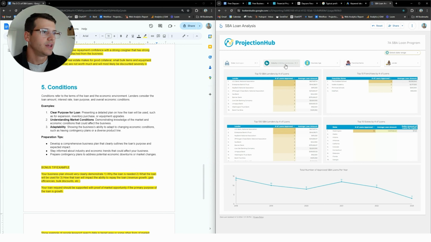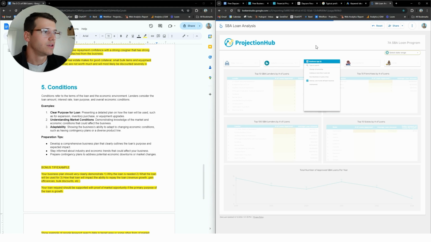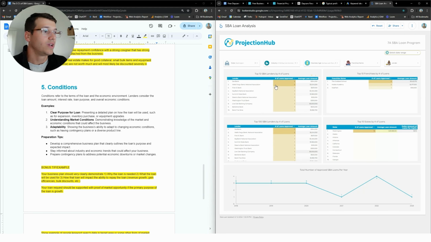So we can see in the state of Washington for daycares, who's making the most loans. Now, if I change this to new businesses, or let's do startup businesses, we can see the list changed, right? These aren't huge numbers, but at least we know that these banks have had experience recently making a startup loan to daycares in the state of Washington. That's more applicable to me.